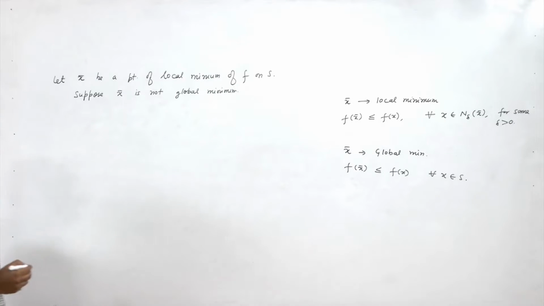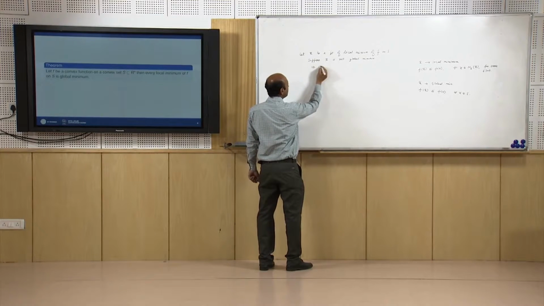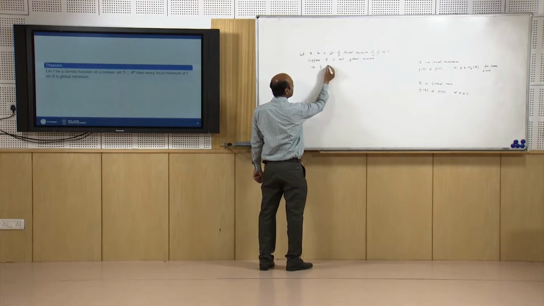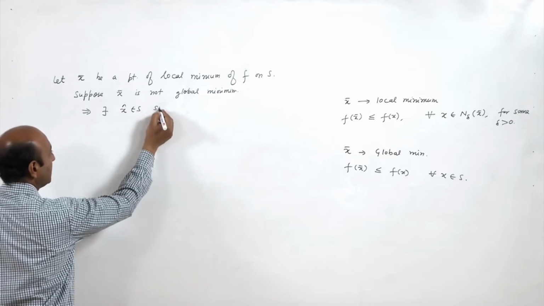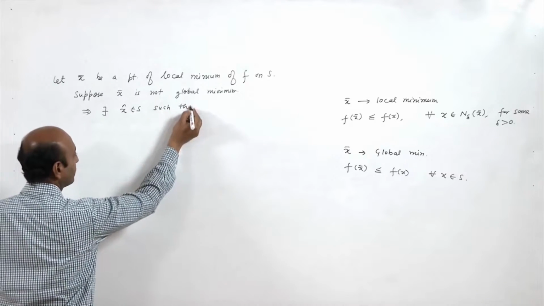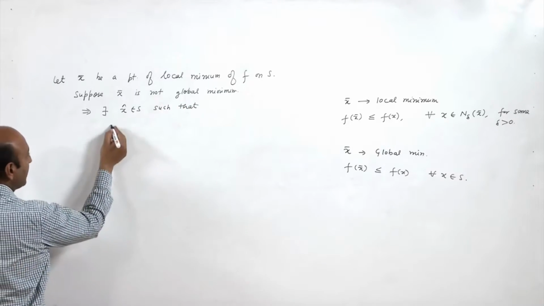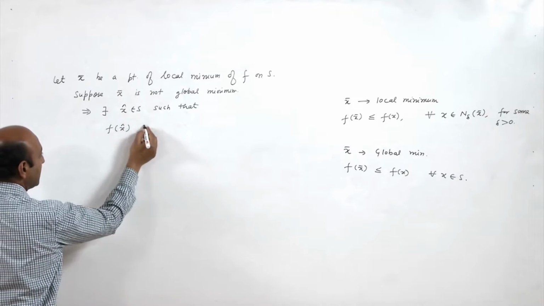So, if x bar is not global minimum, this implies that there will exist some x cap belonging to S such that f(x cap) will be less than f(x bar).